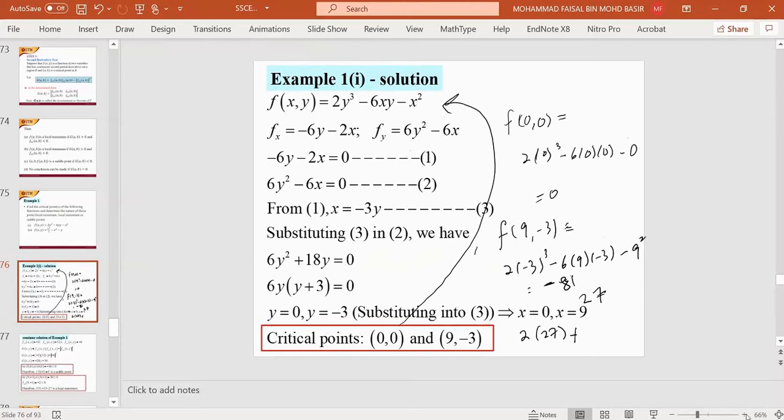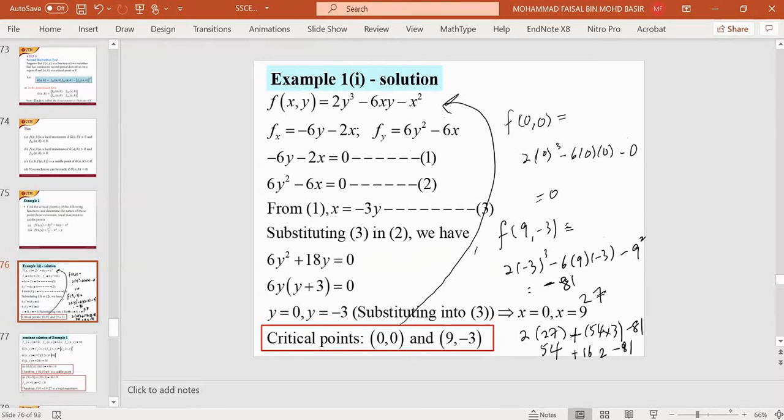This is 54 times 3, minus 81. So this is 54. What will 54 times 3 be? 162 minus 81.